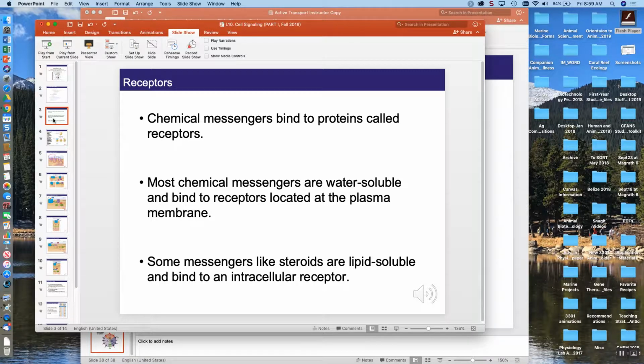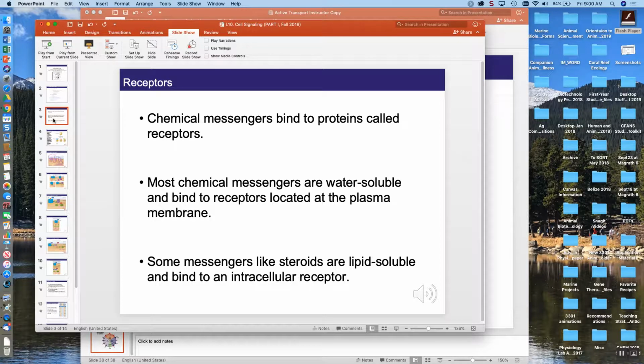Most messengers are water soluble and bind to receptors at the plasma membrane, so they're hydrophilic. But some receptors, like hormone receptors, estrogen receptors, these are steroids or steroid-like, and they're hydrophobic.